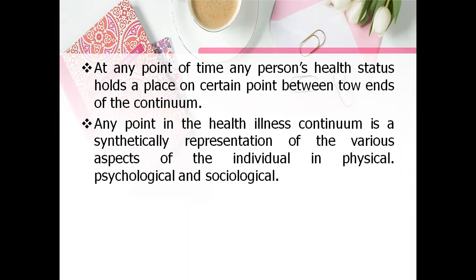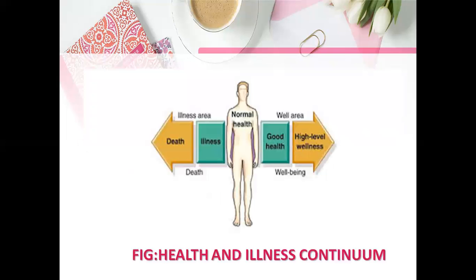And it also represents our sociological state, that means whether we are maintaining a good relationship with society, how our social relationships are. So the continuum mainly indicates these three important things: your physical, psychological, and sociological status. We have also seen this in the World Health Organization definition, which clearly specifies physical, mental, and social well-being. So this is about the health and illness continuum. I hope everyone is clear.